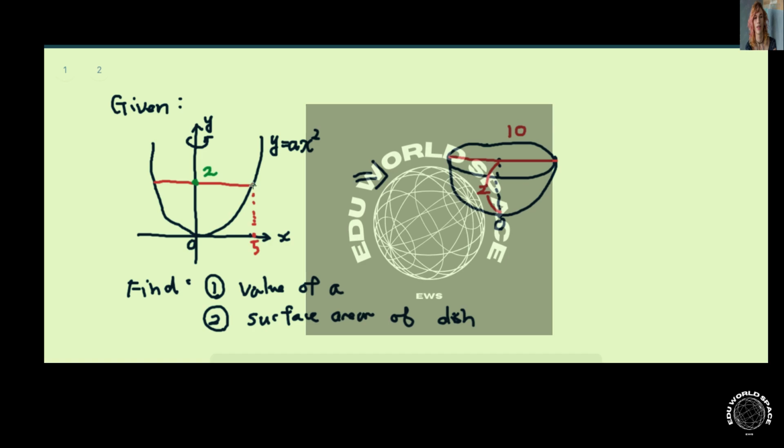This point here is (5, 2), right? So let's use that information to find out what a is. So y equals ax squared goes through (5, 2).